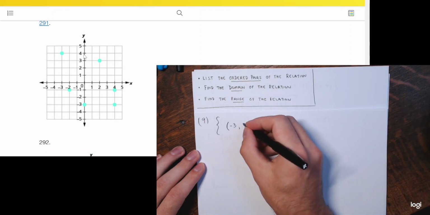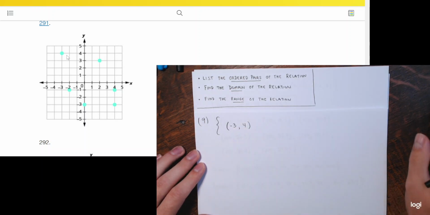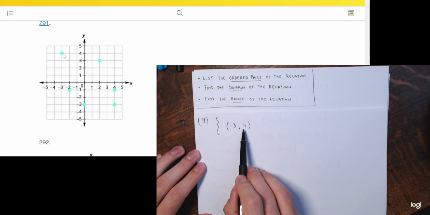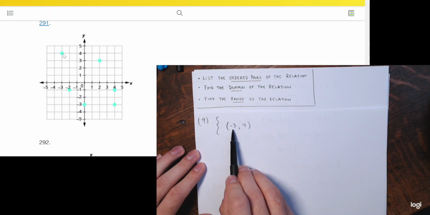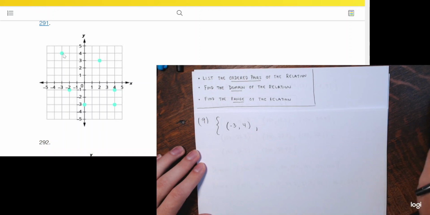So it has a y-coordinate of +4. So this first light green point in the upper left-hand corner of the graph represents the ordered pair -3, 4. Or you could say that -3 maps to 4, or -3 is related to 4, however you want to say that. All right, then a comma, and then another ordered pair.